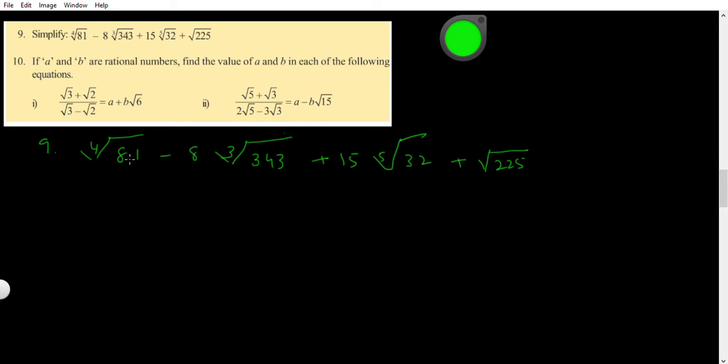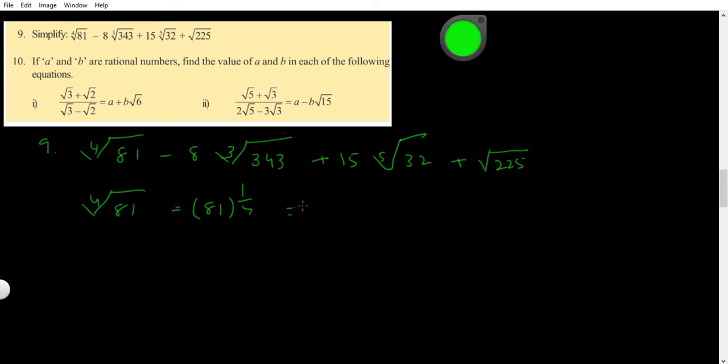Fourth root of 81 is nothing but 81 to the power of 1 by 4. Fourth root means 1 by 4. Here 81 is the base and power is 1 by 4. This is what we always call the radical form, and this is the exponential form.